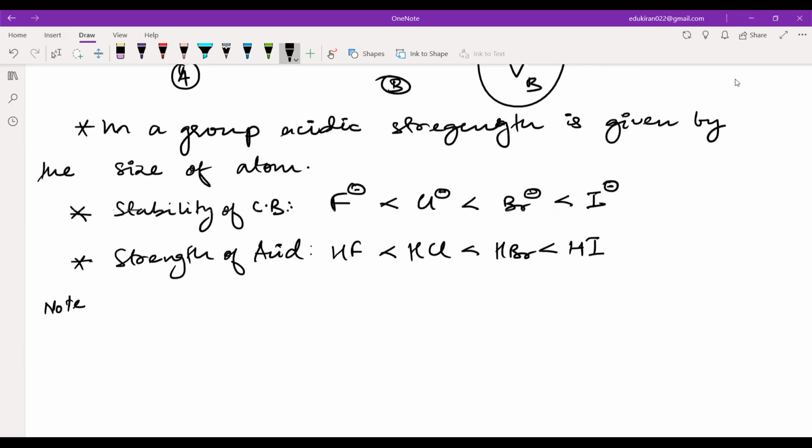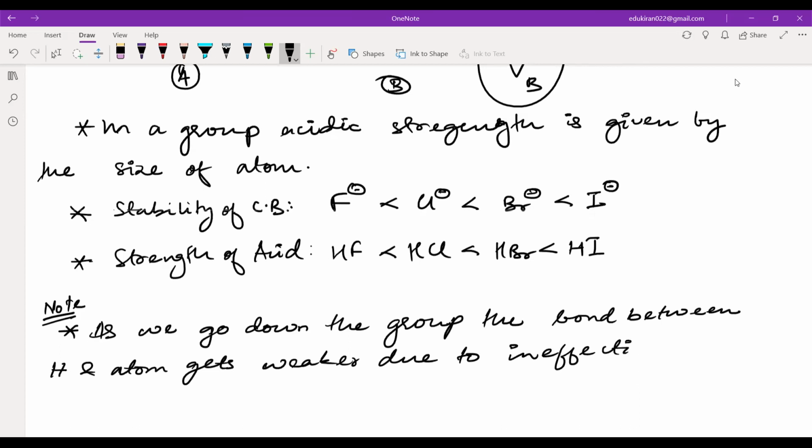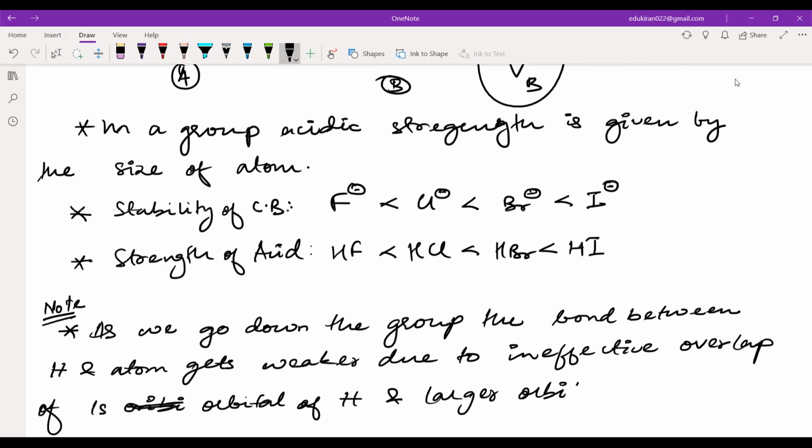Okay, another reason, please note down the another reason. Note. As we go down the group, the bond between H and atom gets weaker due to ineffective overlap of 1s orbital of hydrogen and larger orbitals of atoms, right?